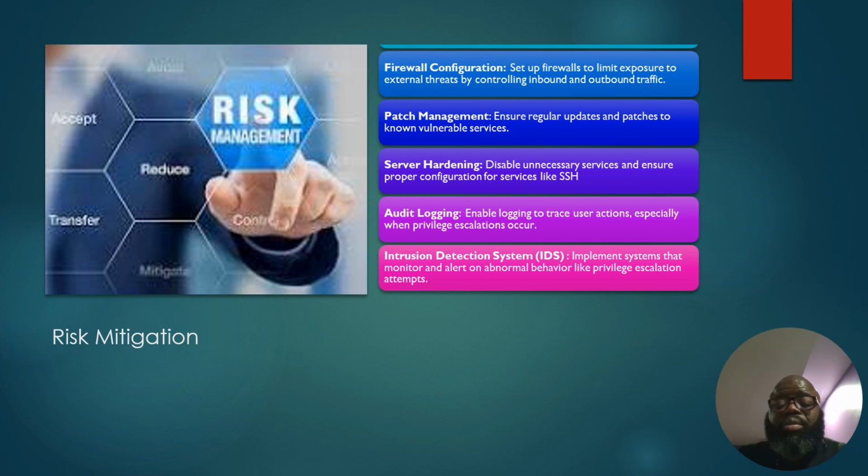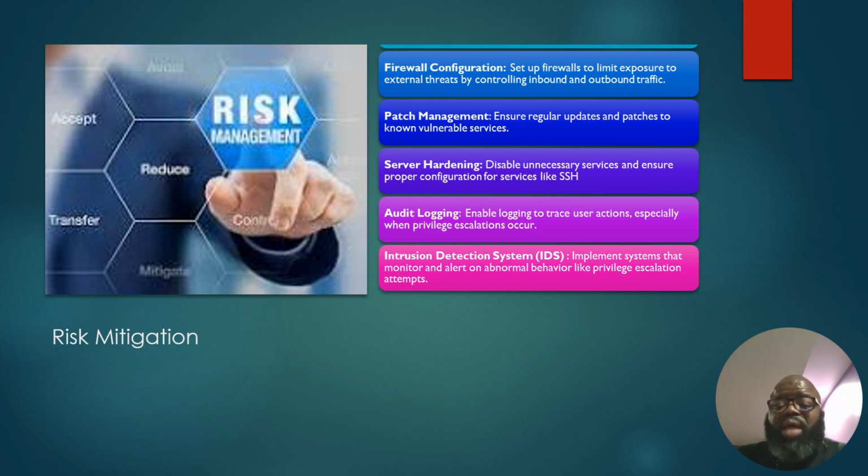Audit logging: enable logging to trace user actions, especially when privilege escalations occur. We can use Microsoft Azure to check the logs to make sure whoever logs in is the right person and has the right access.